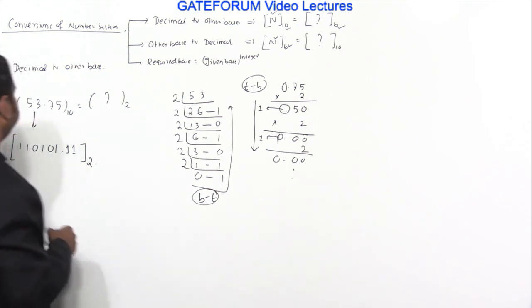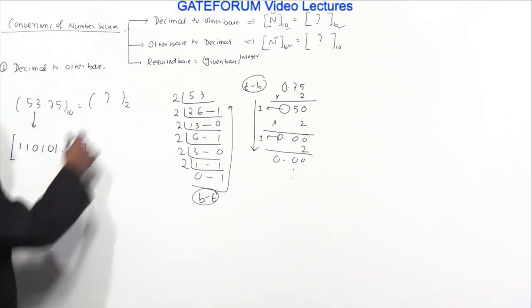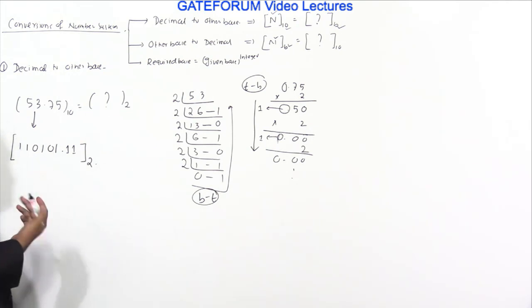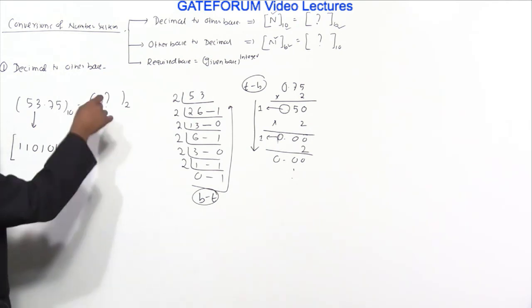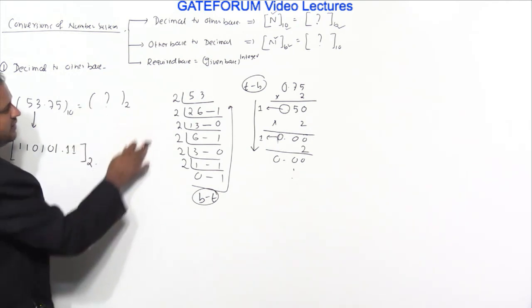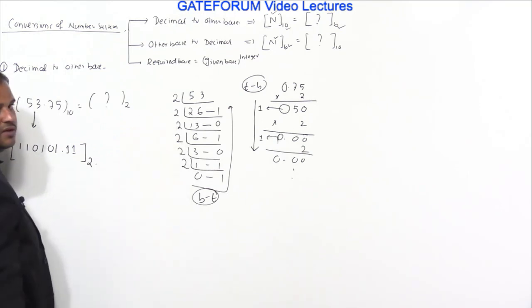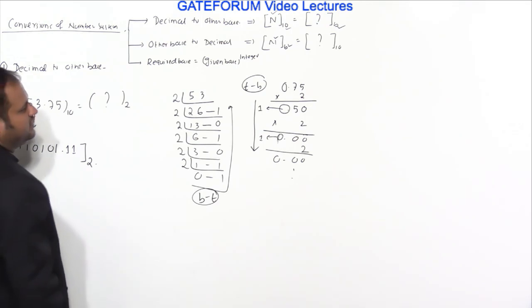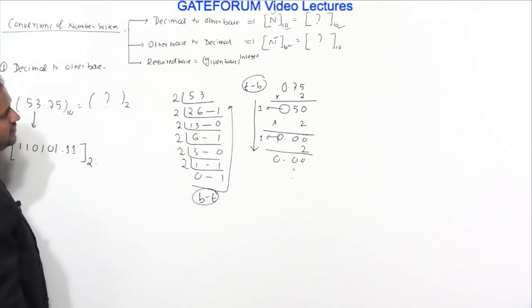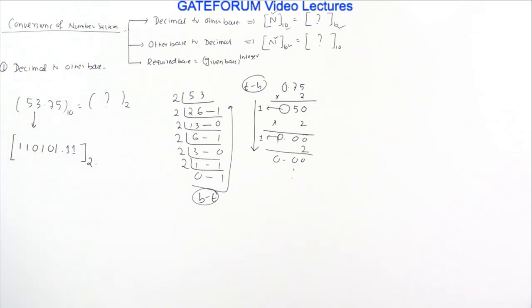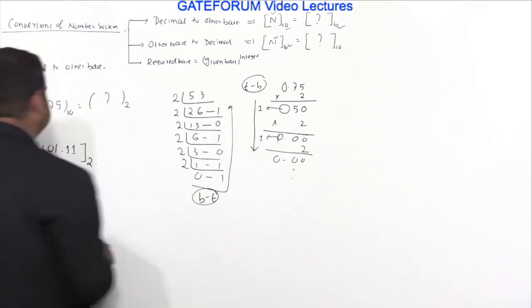Suppose for example I need this for base 4, then you divide by 4 and you multiply by 4. That is what you are supposed to do. Hope that is clear to you. So this is what the answer is.